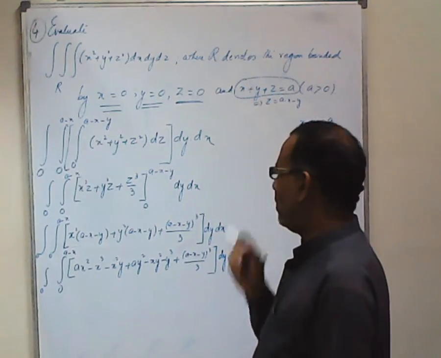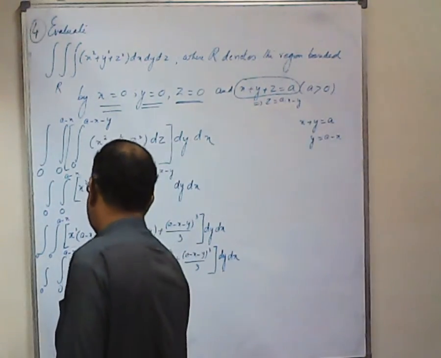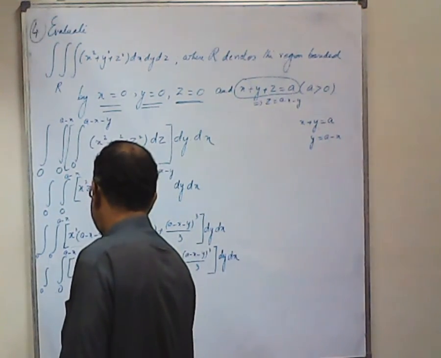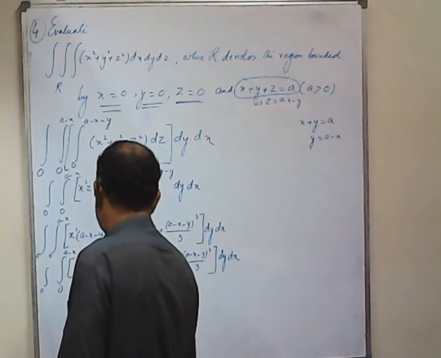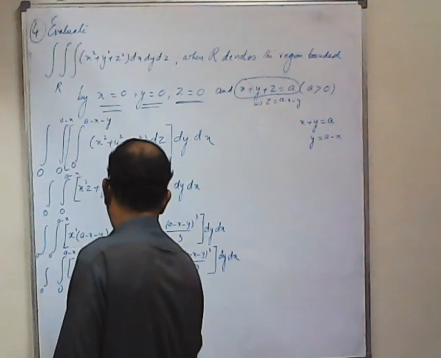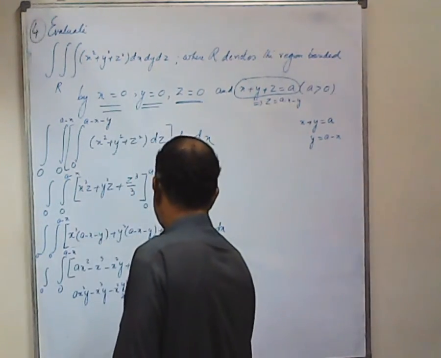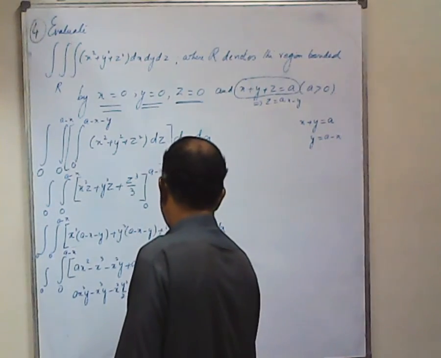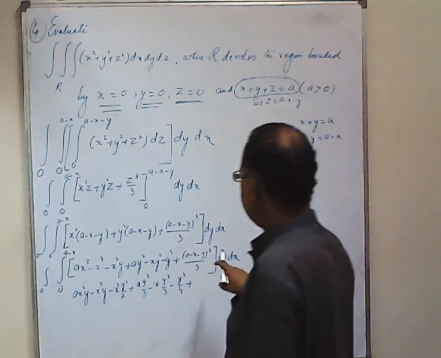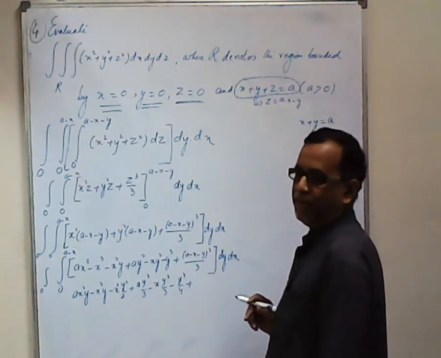So now we will integrate with respect to y. So both these are constant. So ax square y minus x cube y minus x square y square by 2 plus a y cube by 3 minus x y cube by 3 minus y 4 by 4, and plus the derivative of this whole term is minus 1.